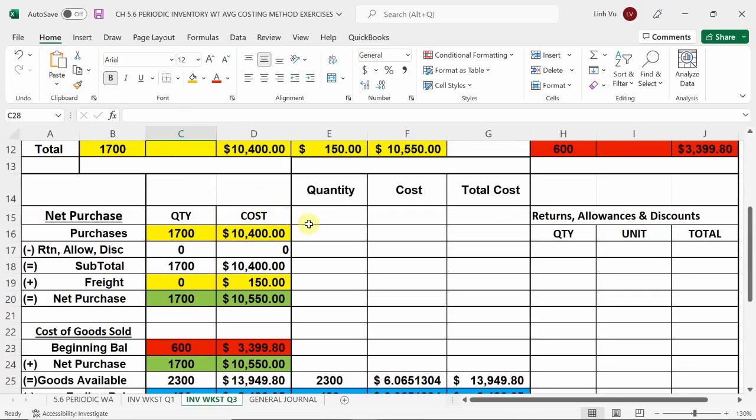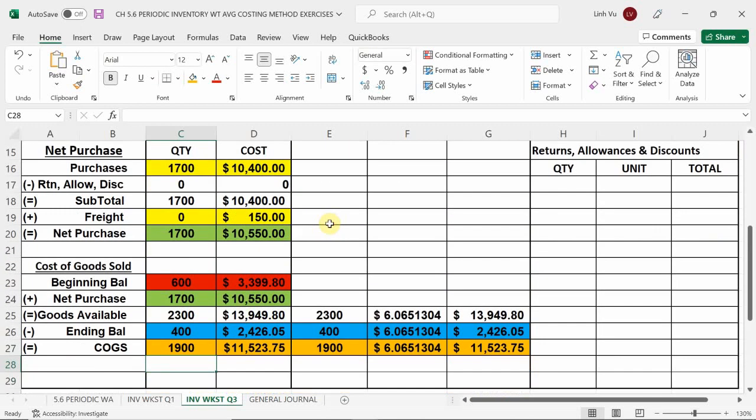And that's why it's much more preferable because if you're a company that sells millions and millions of items, what is the possibility you're going to be able to keep track of every single item? It's almost impossible, right? You're better off doing an average cost because it's much easier to calculate, and that way you don't have to keep track of your batches of inventory, right?